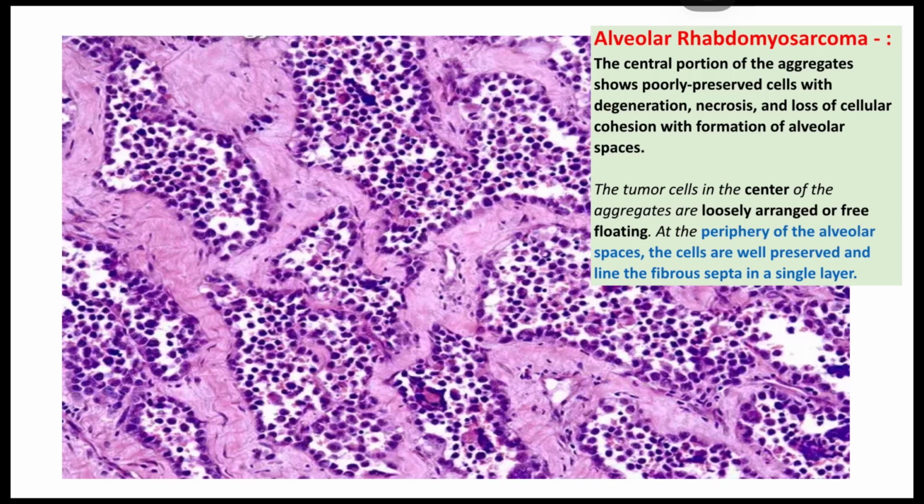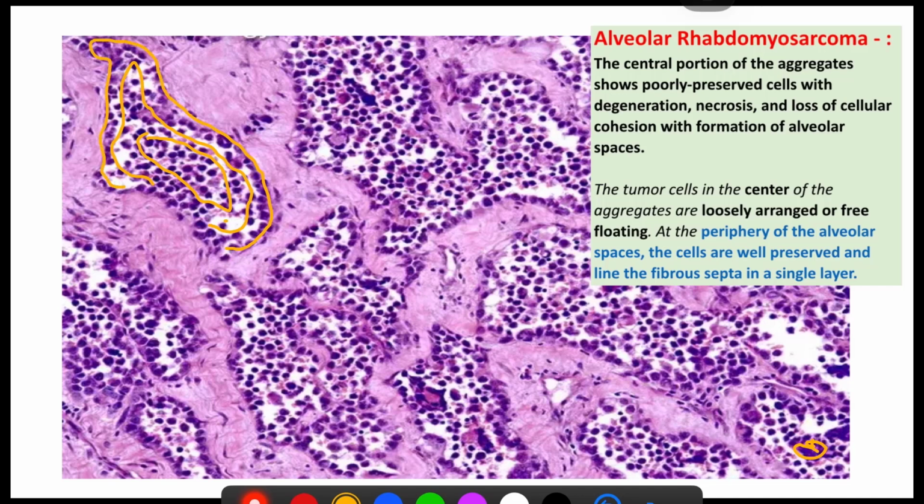So this is alveolar rhabdomyosarcoma where you can identify central discohesiveness of the cells, and there is degeneration of the centrally placed cells. Some of the area shows necrosis, and this is creating an alveolar space, and the peripherally located cells are bound to the septa.